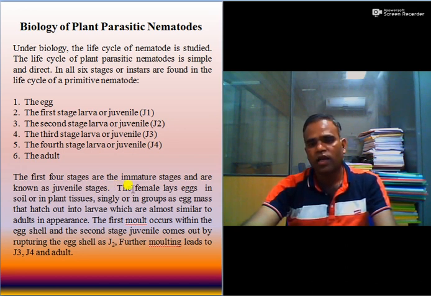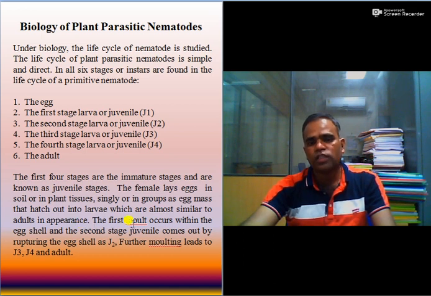The female lays eggs in the soil or in plant tissues, singly or in groups as an egg mass. They hatch out into larvae, which are almost similar to the adult in appearance, but the reproductive system is not developed in this larva. The first molt occurs within the egg cell.